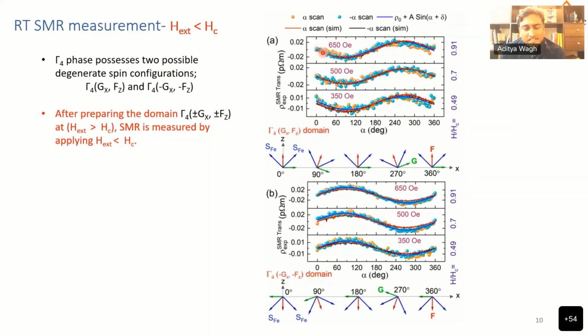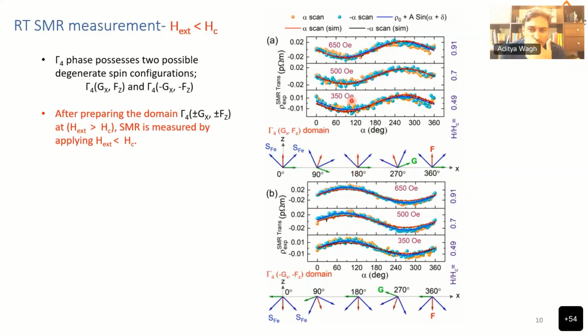You can see quite interestingly that the SMR signal now has a periodicity of 360 degrees. Conventionally it would be 180 degrees, but since the domain is pinned in some way, it only oscillates a little around this equilibrium position when you rotate the magnetic field. That's the reason for this. We also did simulations at those low fields, and we could confirm that the mechanism we're expecting is working here.